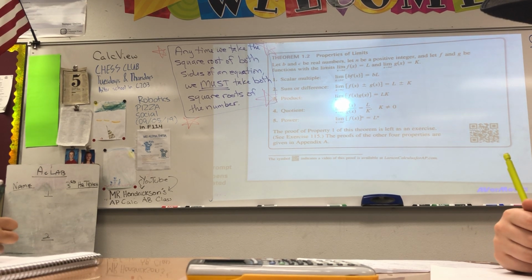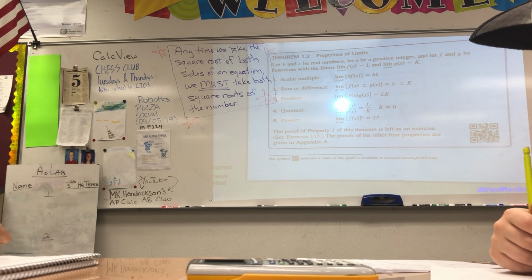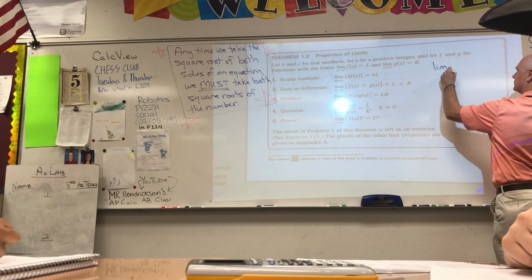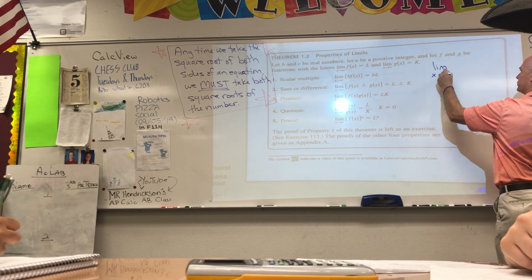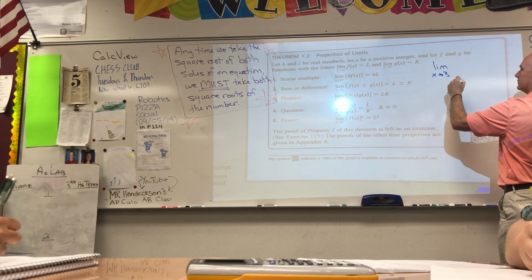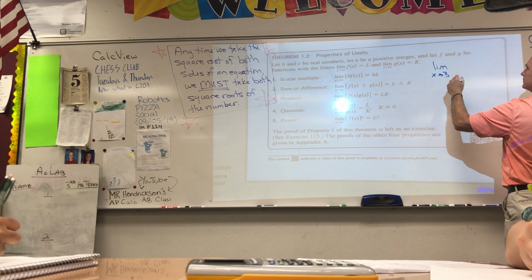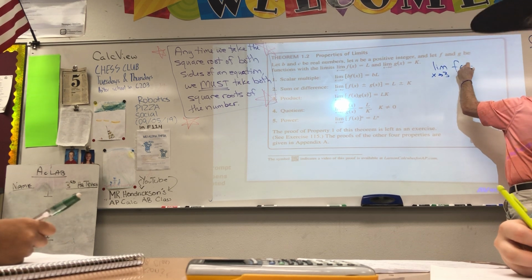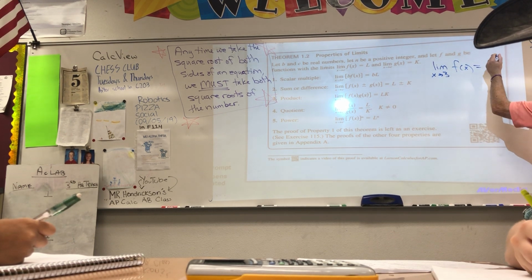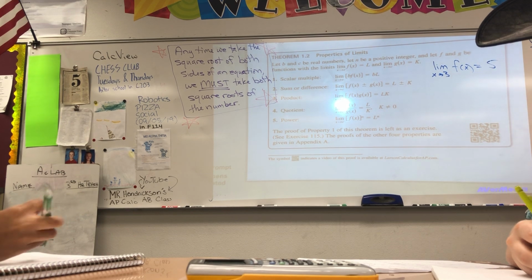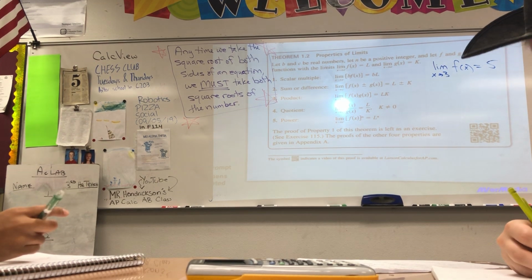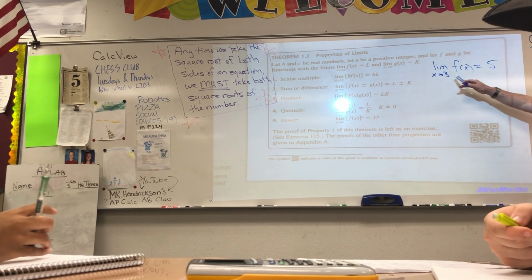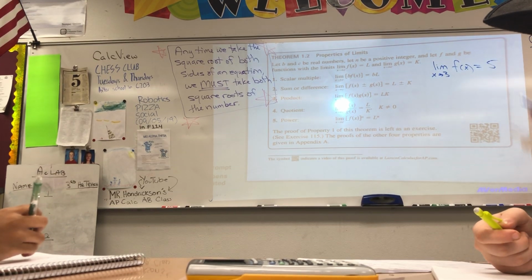So if we have the limit as x approaches 3 of f of x equals, I'm making up numbers here, 5.